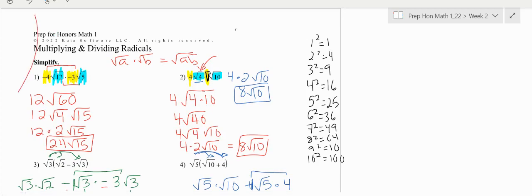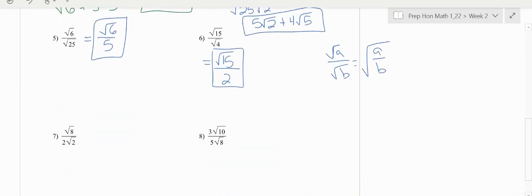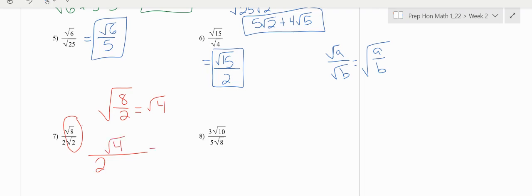So if I was to put these under the same radical, root 8 over root 2, if I make this like 8 over 2, would that reduce to anything? And it actually would. If I put these under the same radical, it would become radical 4 on the top, and the square root of 4 is 2. On the bottom, we would get 2. So our answer would be 1.